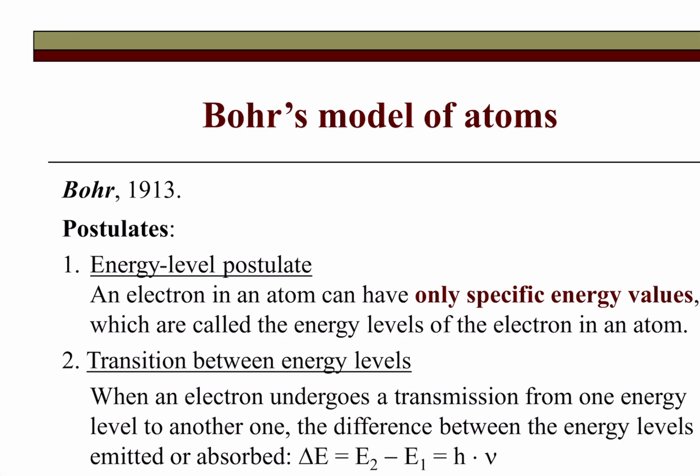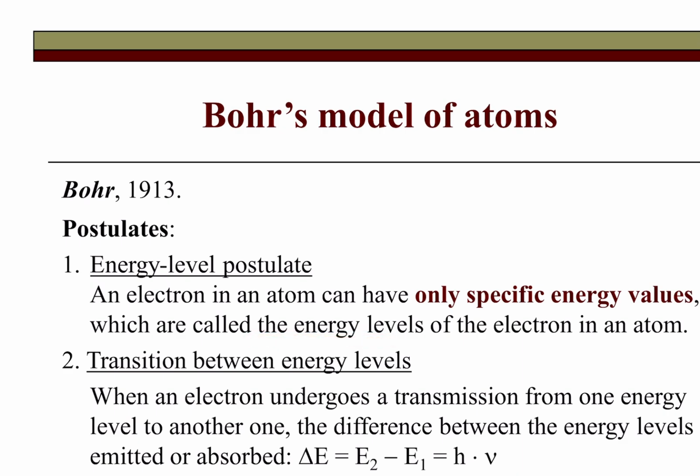The other one is the Bohr model. He mentioned two postulates. One is the energy level postulate: the electron in the atom can have only specific energy values, which are called energy levels of the electron in the atom. Depending on the position of the electron, we can have a different energy level.